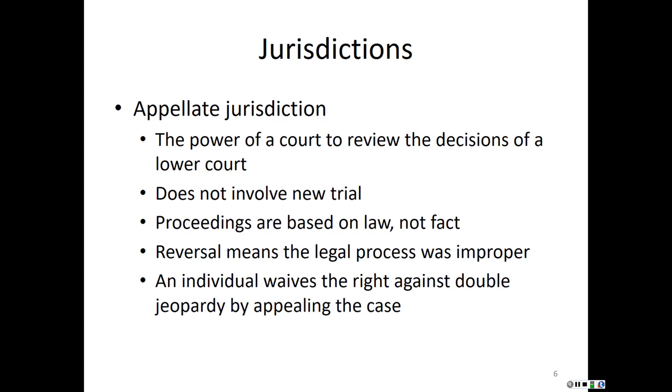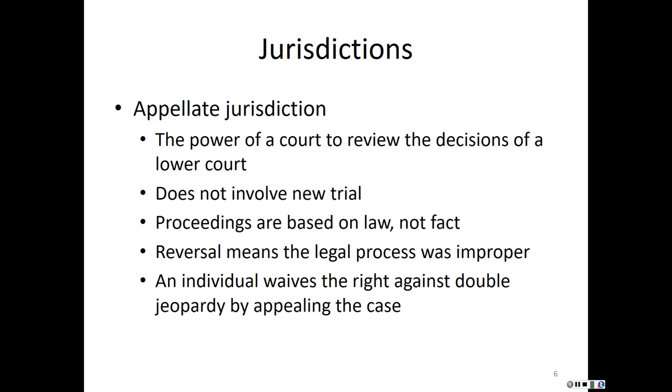The lowest level is the trial level. The trial courts are going to be the courts of original jurisdiction. These courts have the authority to hear a case for the first time. The mid-level are what we call the appellate courts. So you have appellate here at the top of the slide.